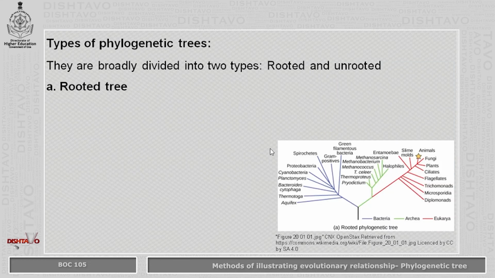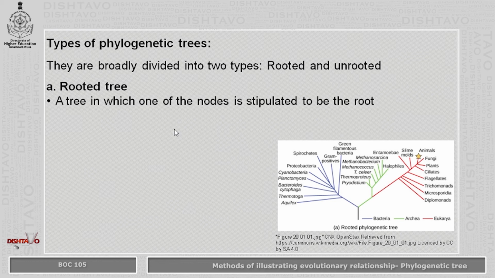Types of phylogenetic trees. They are broadly divided into two types. One is the rooted phylogenetic tree and another is the unrooted phylogenetic tree. Rooted phylogenetic tree: a tree in which one of the nodes is stipulated to be the root. Here you can see in this image, we have the basal node or the stem. This is considered as the root, and that is the most common ancestor of all the organisms shown here.